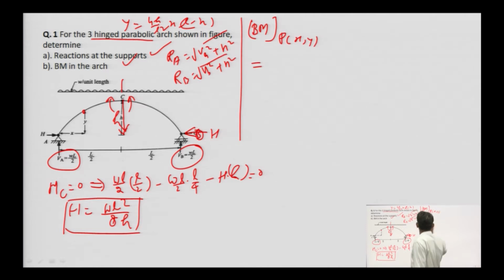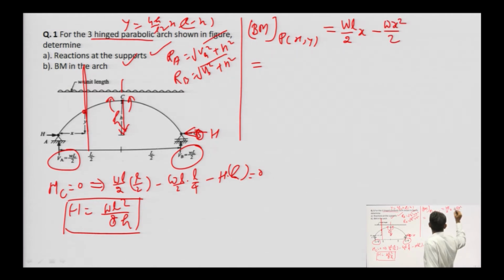So, it will be, at this section, V_A into x, V_A is WL by 2 into x, minus another load of UDL, Wx, into x by 2. So, it is Wx square by 2. This is the beam moment, minus h into y.